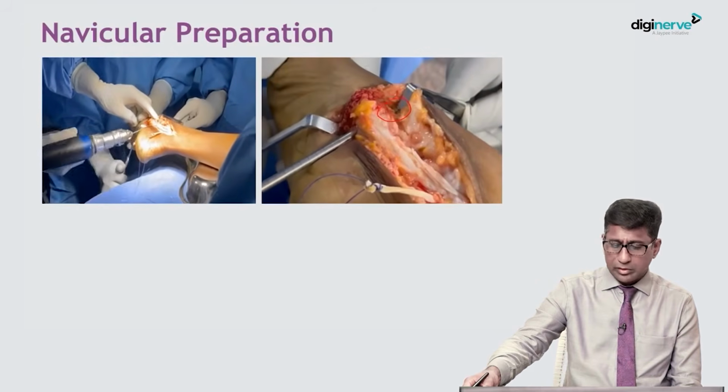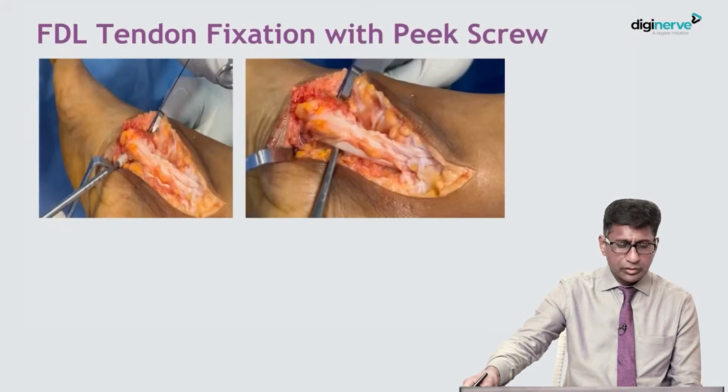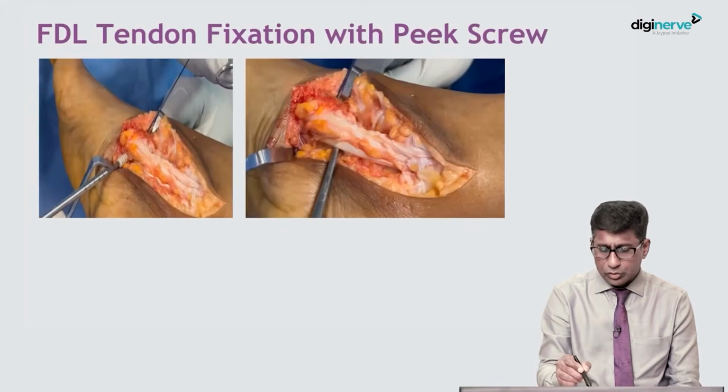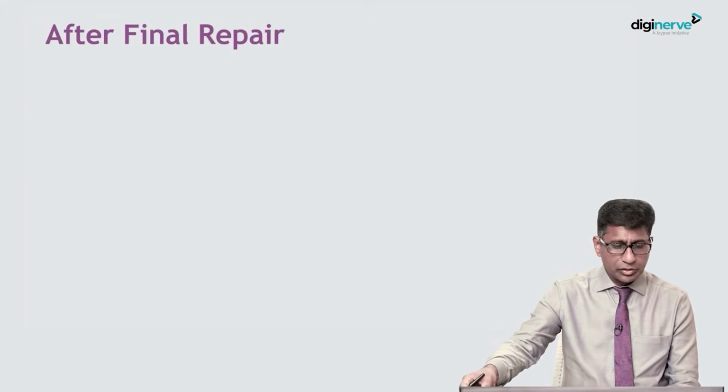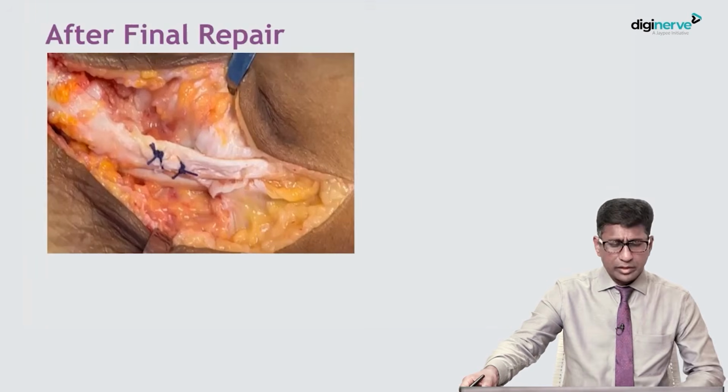After making a guide wire, we are using the reamer, then it is fixed with the interference screw like this, and the FDL tendon is going to act as a tibialis posterior tendon. Sometimes the remaining tendon can also be repaired, or it can be excised.